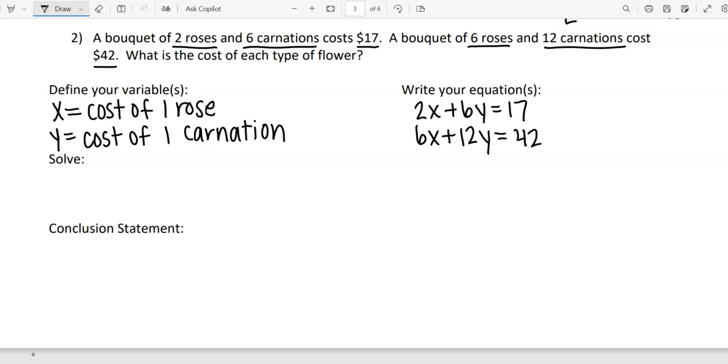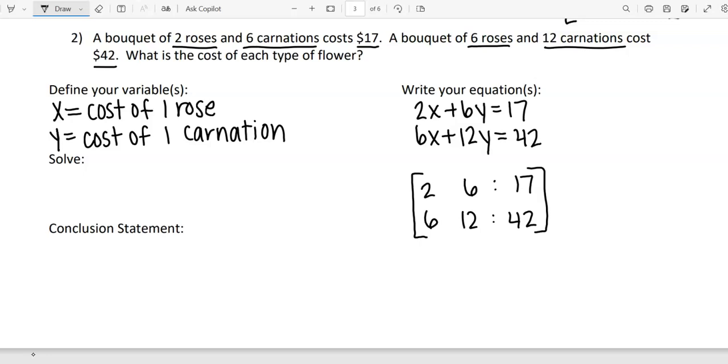Hey, Nix, will you read me the first row of our augmented matrix? 6, 12, 42. That's going to be the bottom row for me because that was the second sentence, but that's fine. It doesn't matter. Maggie, will you read me the top row of our augmented matrix? Perfect. Awesome.